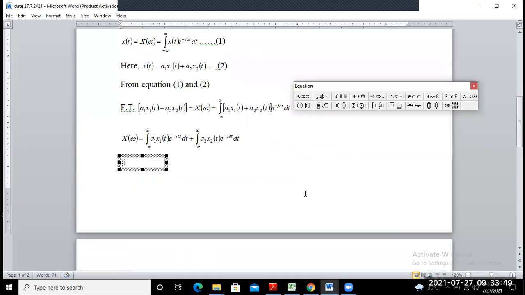So you can write here x omega equal to a1 into integration from minus infinity to infinity.